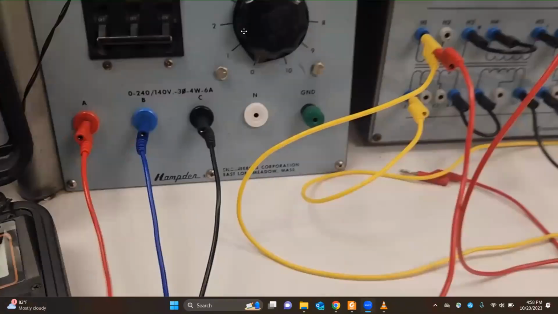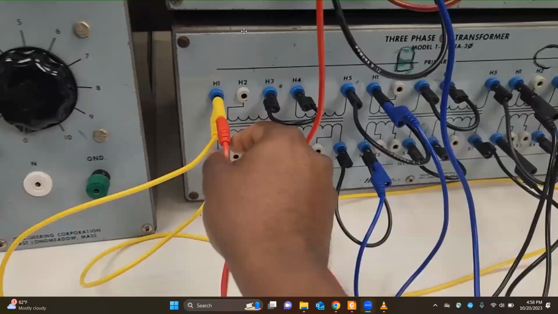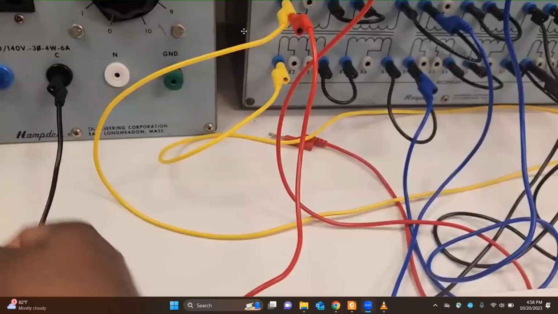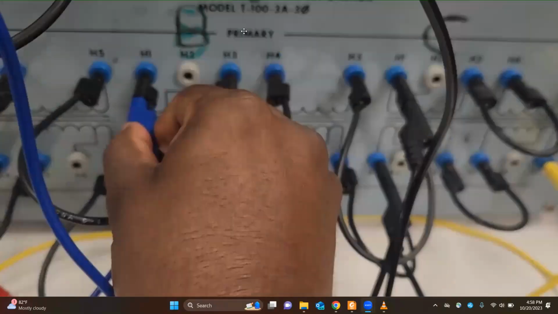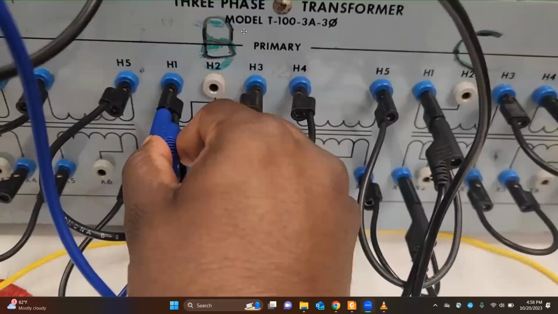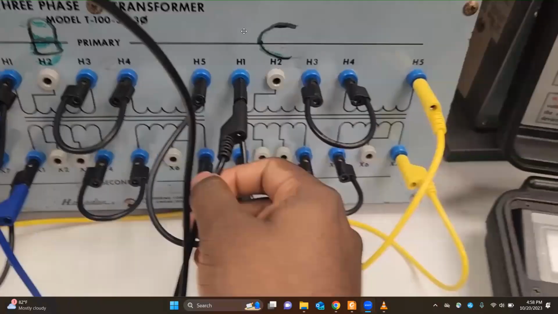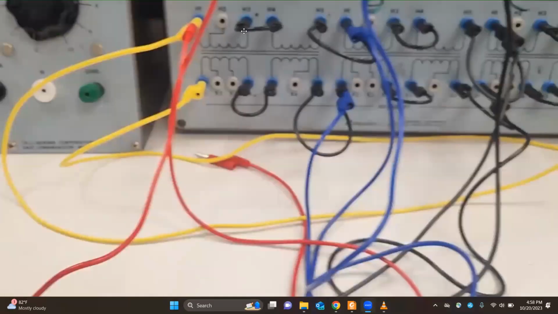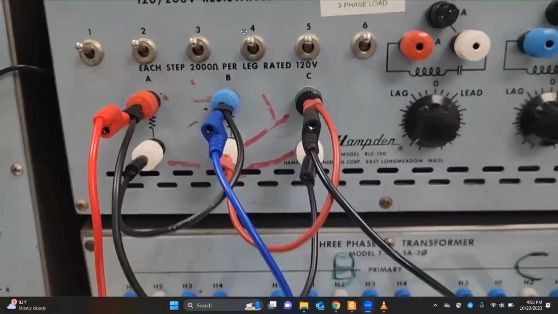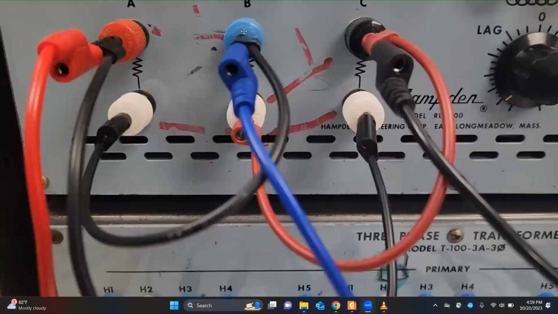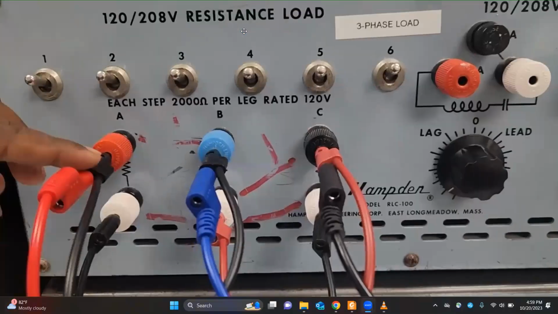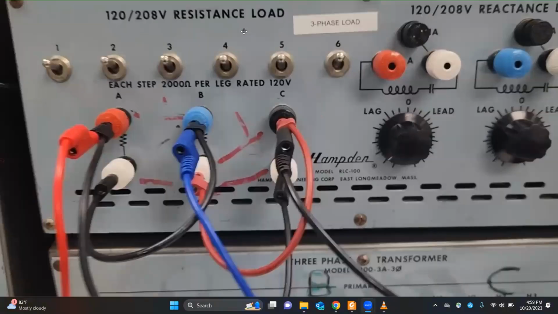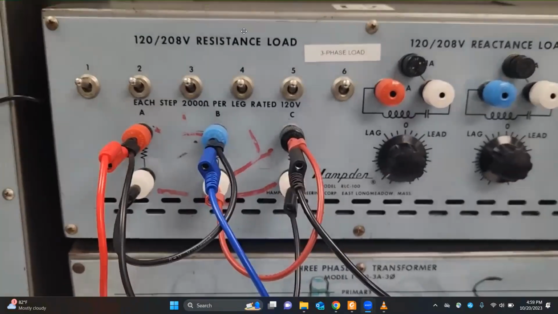This A phase is connected directly to H1 of A, B is connected to H1 of B, and C is connected to H1 of C. Now if we look at the load here, it also has an a b c arrangement, since we need to use a three-phase connection.